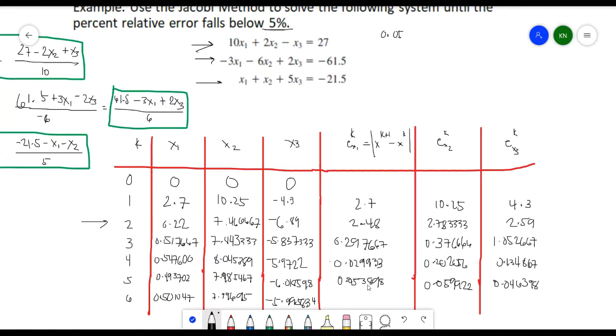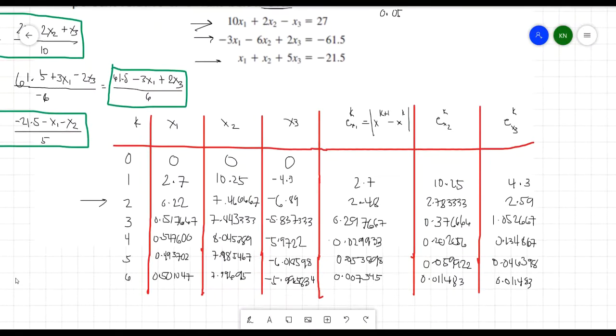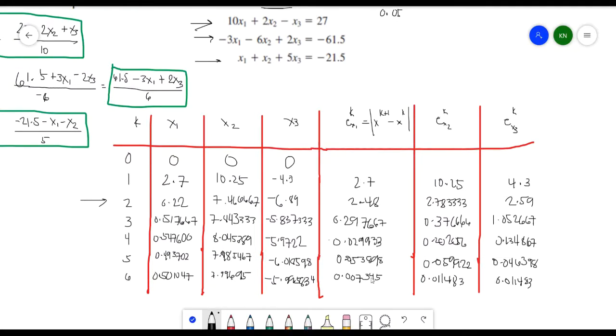And for the relative error, we have 0.007345, and we also have 0.011483. So as you can see here, the relative errors are already less than 0.05. So meaning to say, we can already stop our iteration.